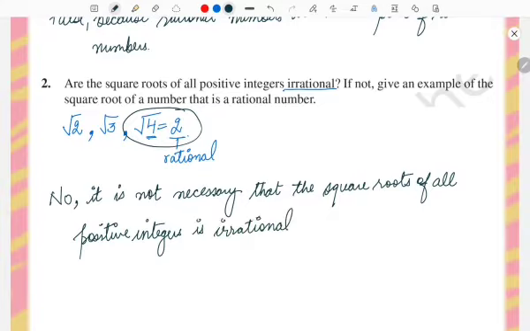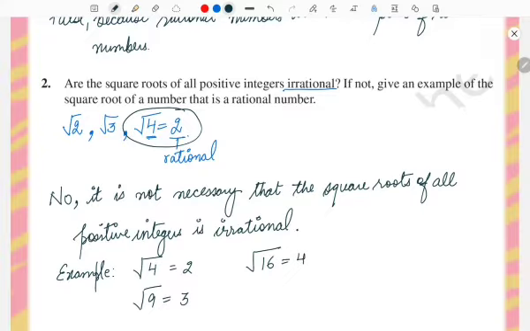If not, we give an example of it. So what examples can we write? Root 4, which is equal to 2. Then we can take root 9, which is equal to 3. We can also consider root 16, which is equal to 4, and so on. Obviously there are many examples that we can take.